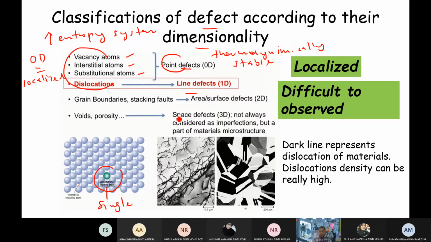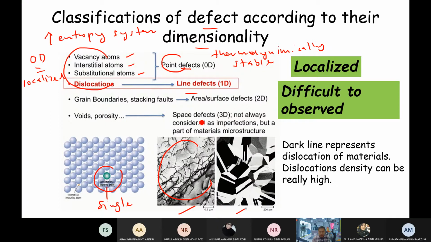So we call it a line defect because it appears as a line, like what I have mentioned just now. A line defect will move or propagate throughout the material along a dislocation line. What you can see in the figure here is that the density of the dislocation is very high if the line appears to be darker.